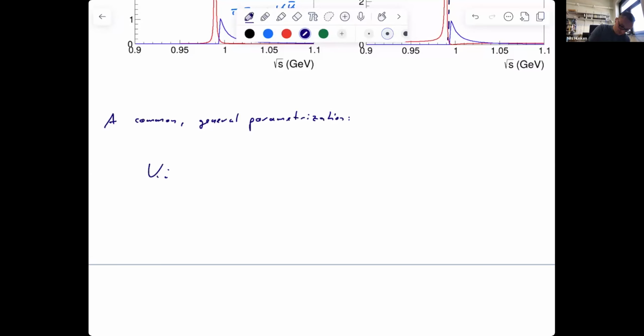And that's this, where an element of the matrix K is given by some sum over poles. That pole always couples to the final state, it couples to the initial state, divided by this bare pole. So this is just the sum for bare poles.